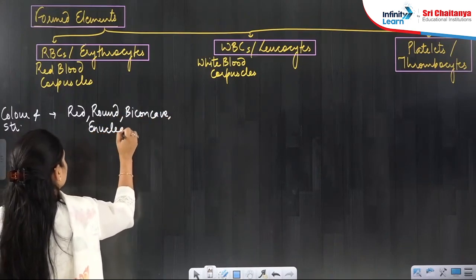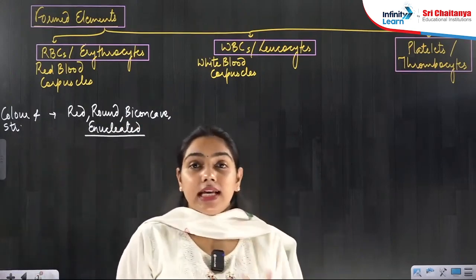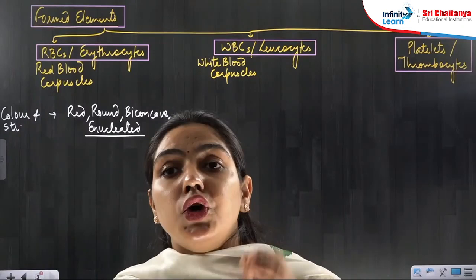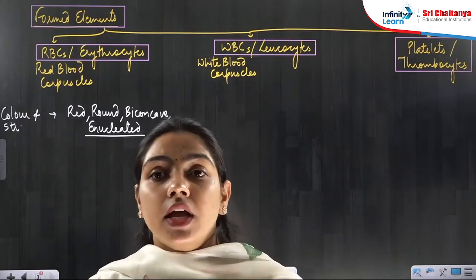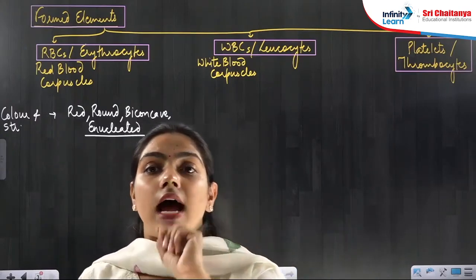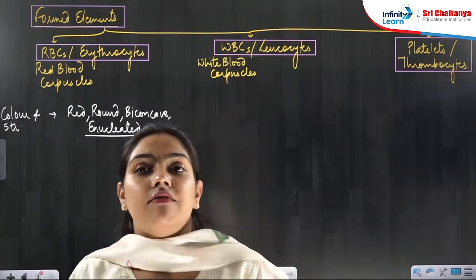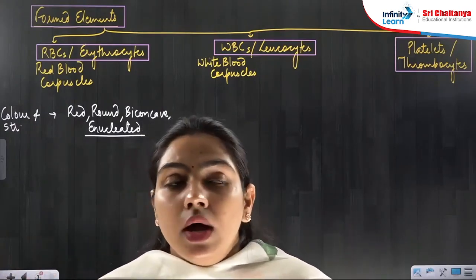It is enucleated. Why? Because the space inside the RBC is occupied by hemoglobin. Hemoglobin is a very important protein present in your RBC. Never say hemoglobin is present in the plasma. It is not.